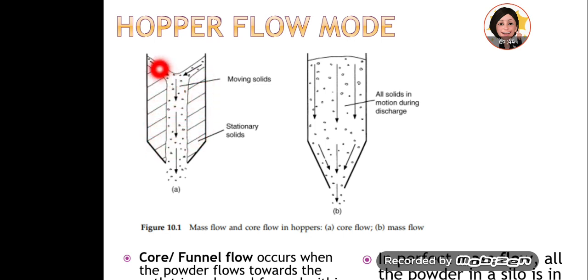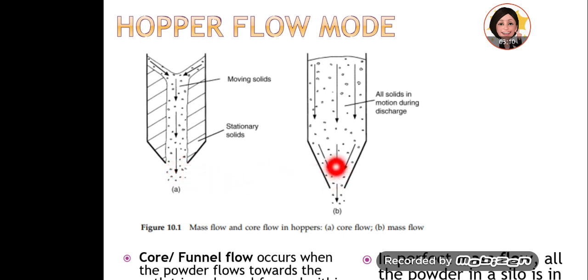There's only contact between these particles and these particles. So it will empty from the top. Once all these powders are out, finally these powders here will be discharged. So this is core or funnel flow.